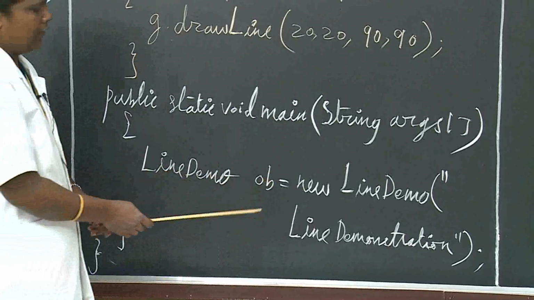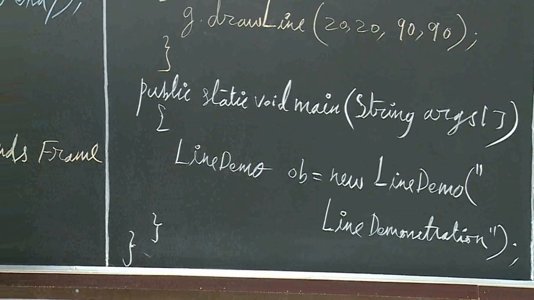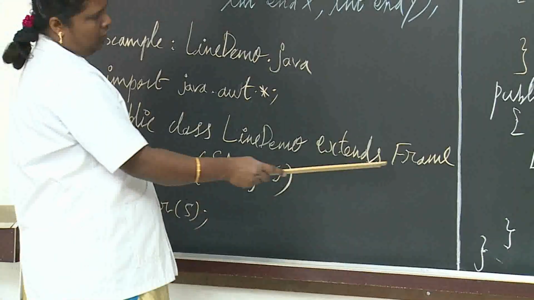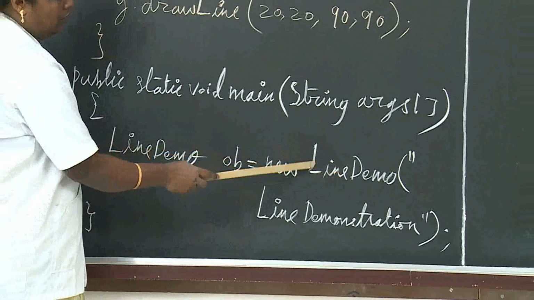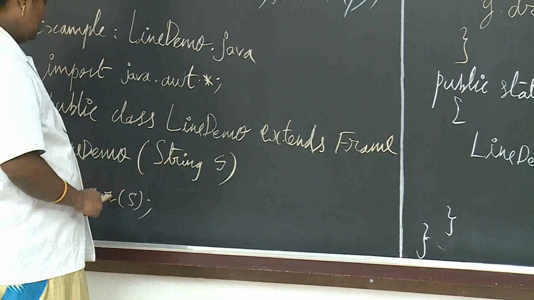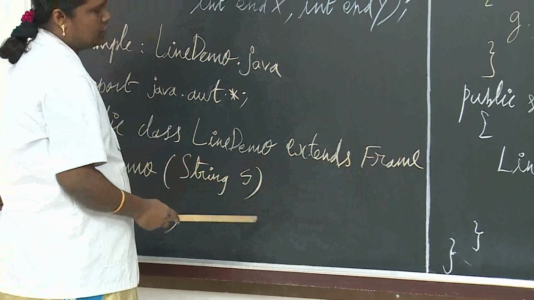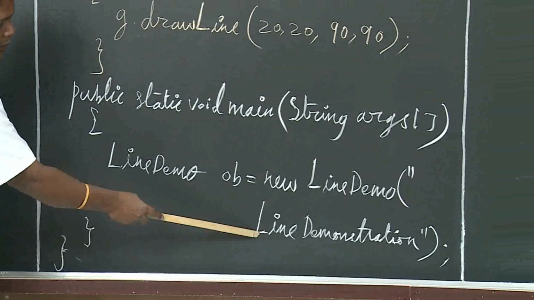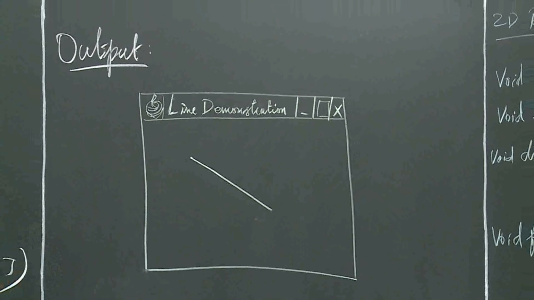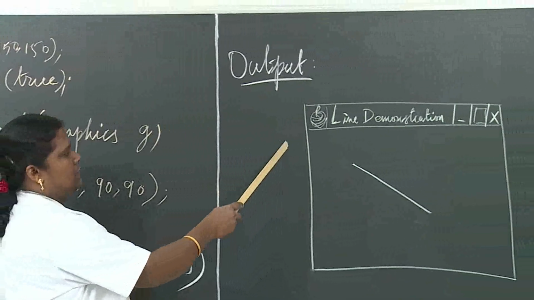Once I have defined the name, it is passed through this constructor to its frame, because LineDemo is passing this name to its superclass. The superclass is Frame. So while displaying the frame, it includes the name LineDemonstration. This whole Java program's output is displayed in this sample frame.